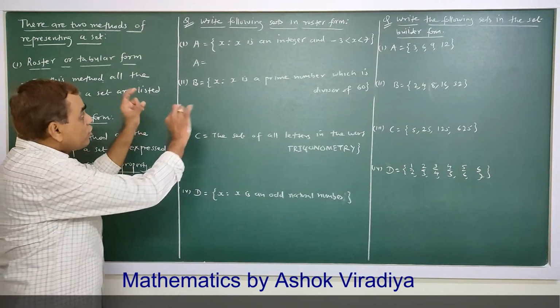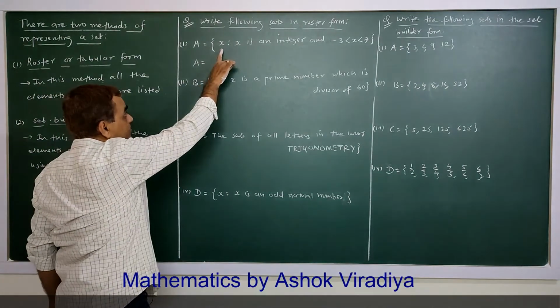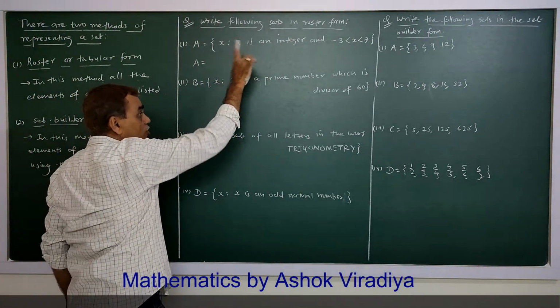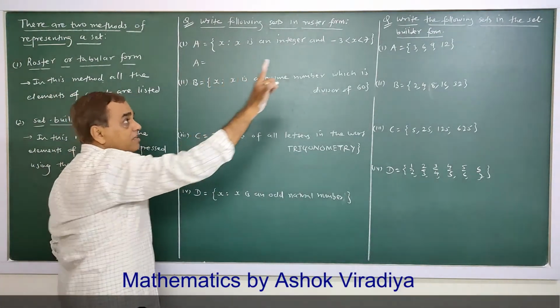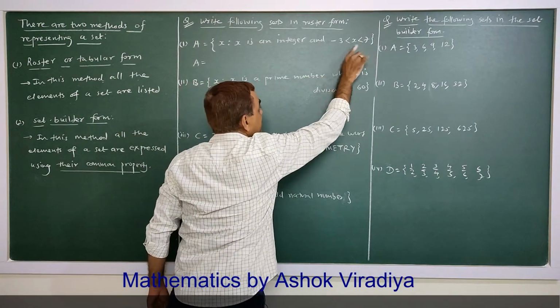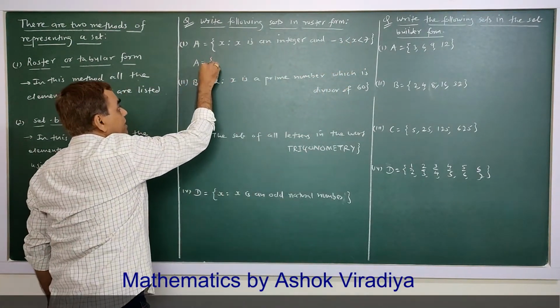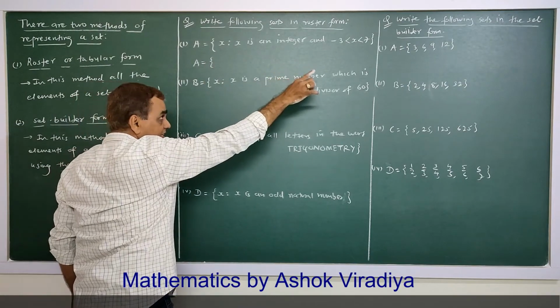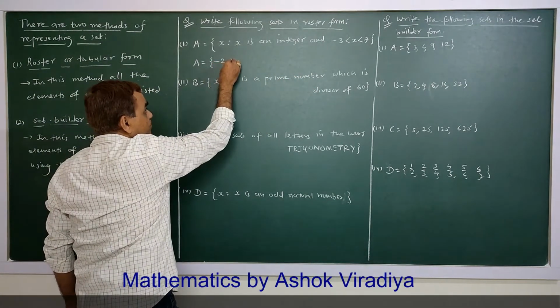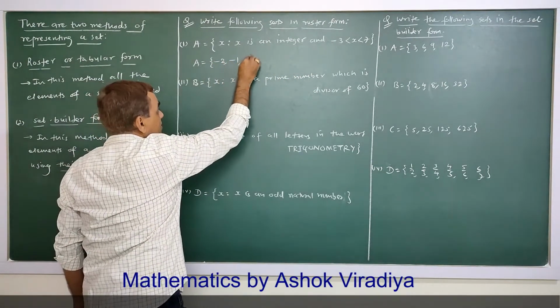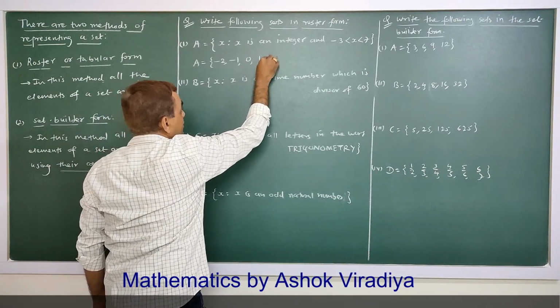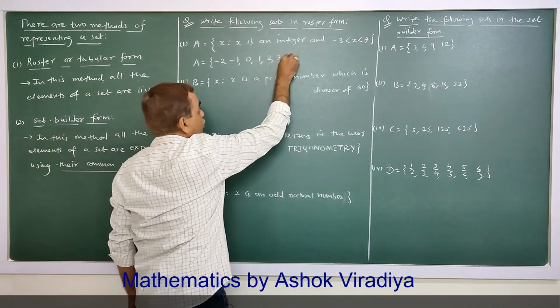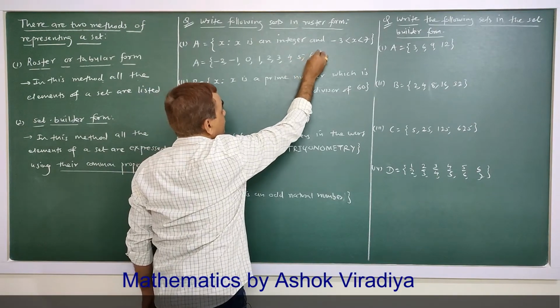So now writing the list of elements. Now see, x is an integer, not every integer, but an integer between -3 and 7. So which are these integers between -3 and 7? -2, -1, 0, 1, 2, 3, 4, 5, 6.